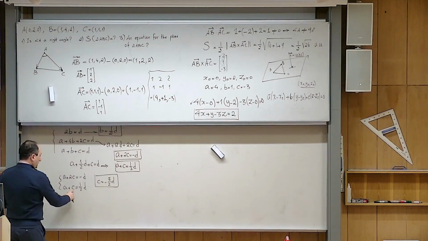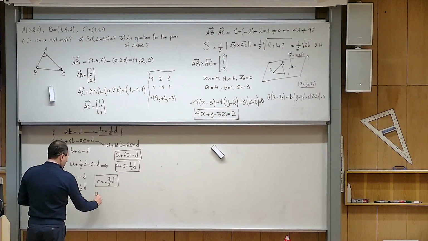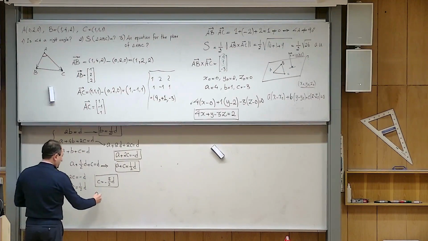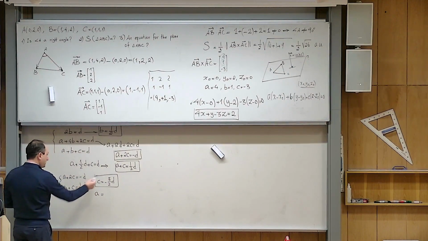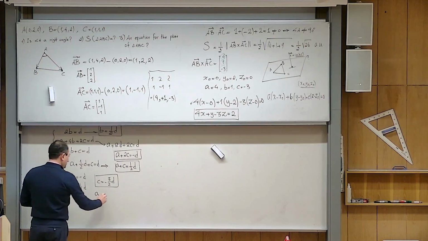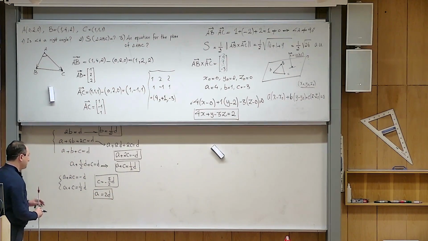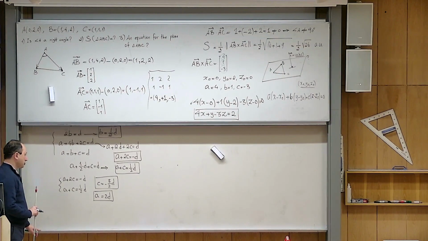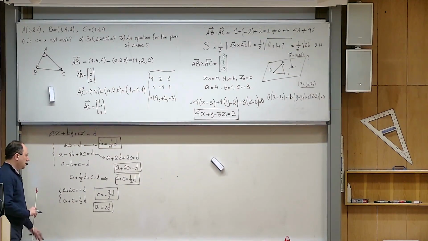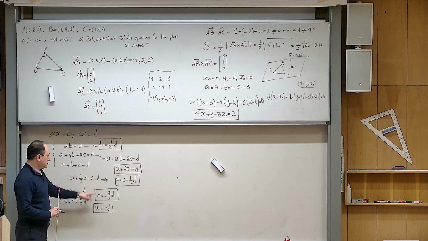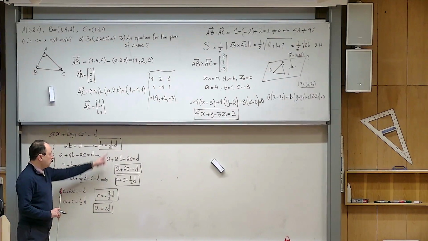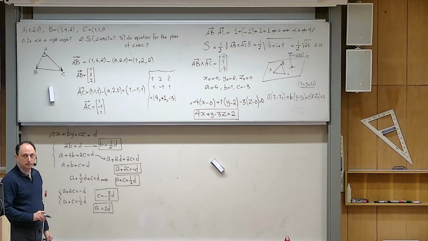And then, for example, I put it back in this equation and then move it to the other side. It becomes positive 3 over 2, 4 over 2, so it becomes 2d. Okay, now I have b, c, and a all in terms of d.